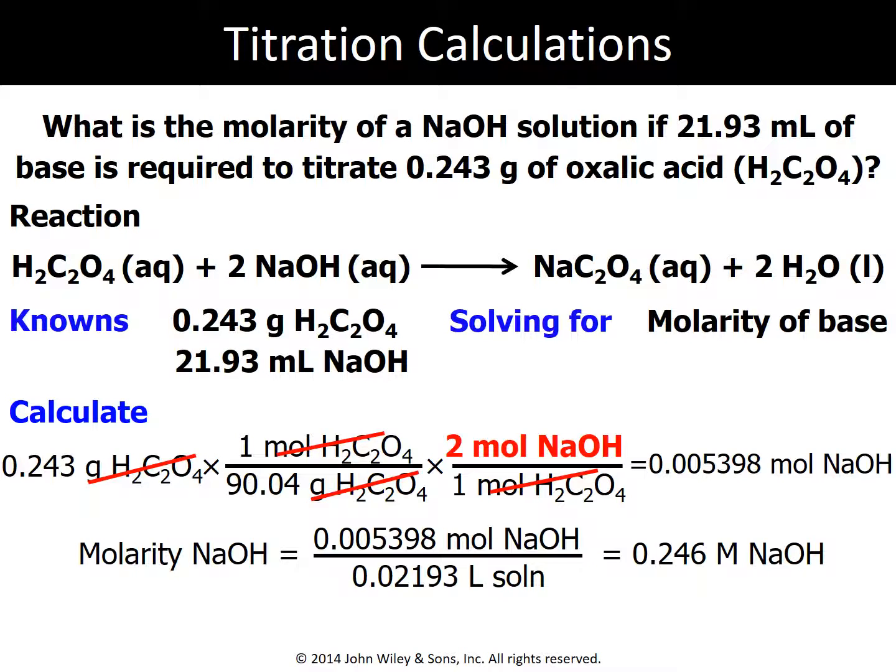Again, we have our volume in the question, so we divide the moles we just calculated by our milliliters converted into liters, giving us 0.246 molar NaOH. In this one I didn't give you the concentration, so it was easy: if we knew how many grams we had, we could convert that to moles and multiply by the molar ratio. That gave us the amount of moles we would need in order to titrate, or cancel out, our NaOH.